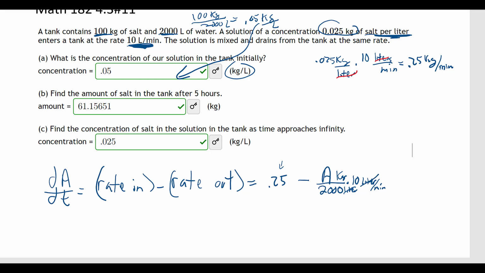So our liters cancel, and we end up with 0.25 minus A over 200. That's what I was going after. To get the same denominator, we have 50 over 200 minus A over 200, which gives us 50 minus A over 200.